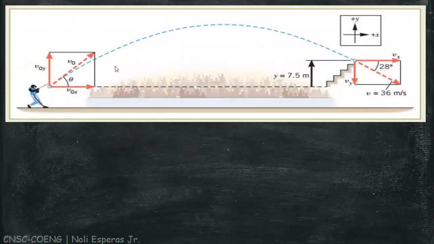Okay, so we have here the illustration. We are looking for the initial value of the velocity. Our givens are the final velocity of 36 meters per second at an angle of 28 degrees, and final position in y component is 7.5 meter.